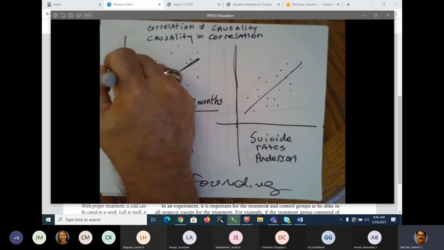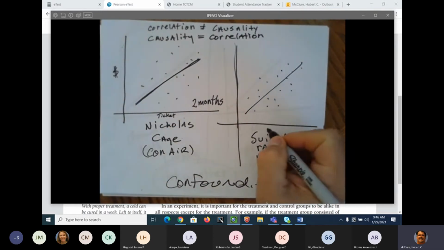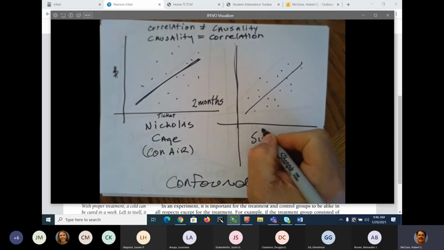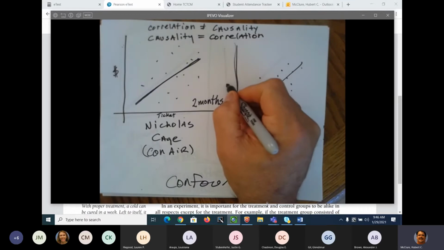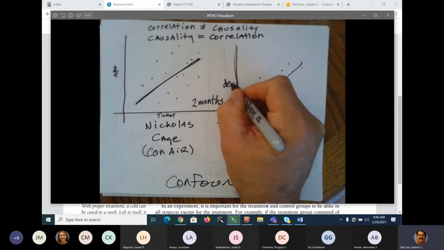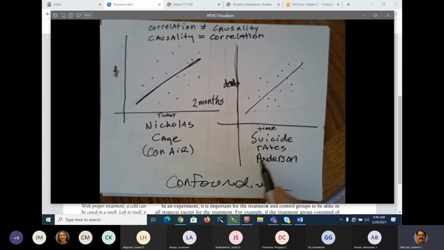And this is money. And here, this is days or time, and this is number of deaths, or suicide rate.